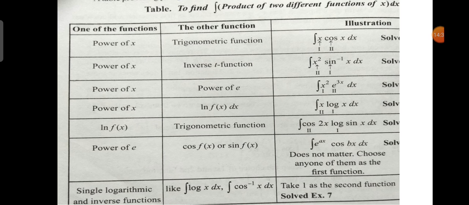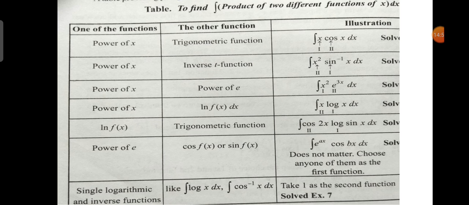So if a power of x and a trigonometric function are given, the power of x is the first function and the trigonometric function is the second function. If an inverse trigonometric function is given, take the inverse function as the first and then the power as the second.